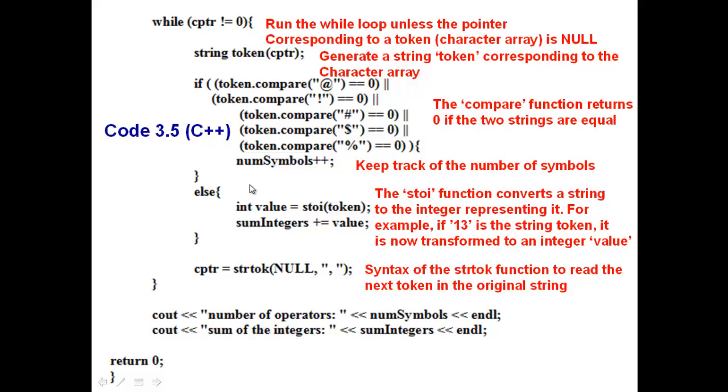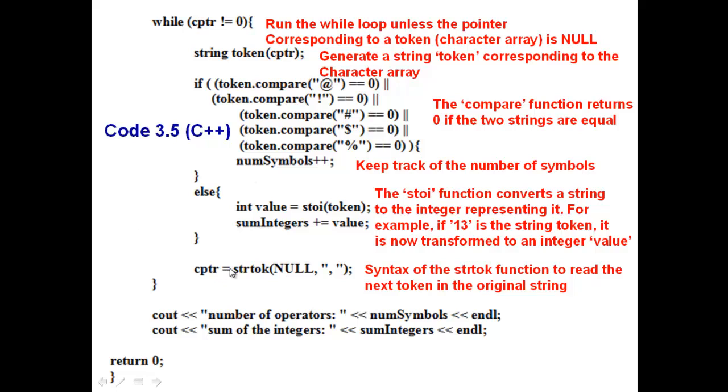I'm assuming that if I did not encounter any of these 5 symbols, then it should be an integer. So 135 or 13 would have been extracted as a token, as a string, and I can use the stoi function, string to integer, to convert the contents from a string to an integer.